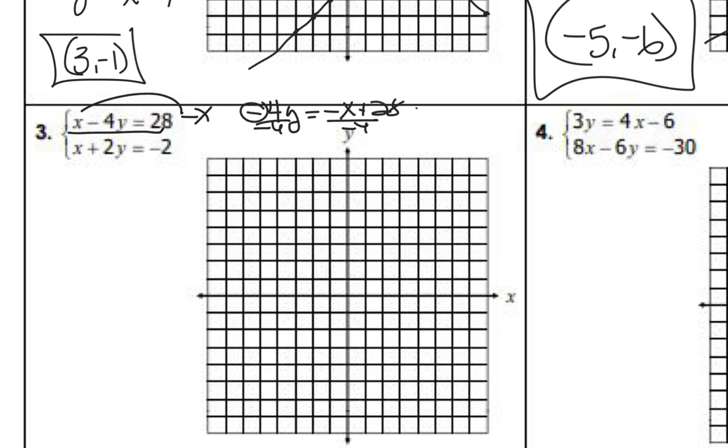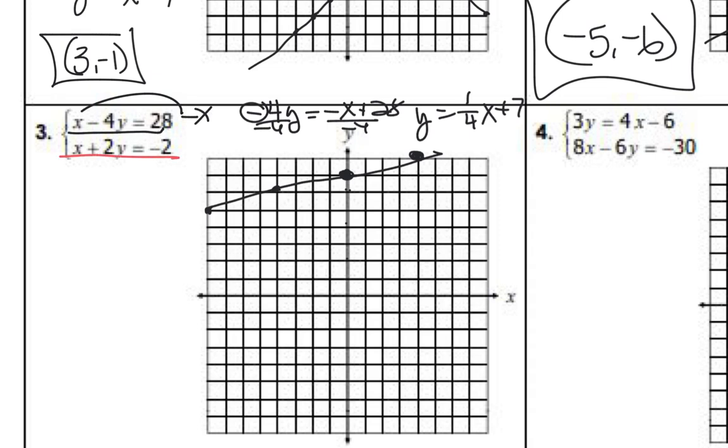So this will be y equals negative divided by negative is positive 1/4 x plus 7. So 2, 4, 6, 7. And go up 1 to the right 4, or I can do the opposite, down 1 to the left 4. So there's my line.